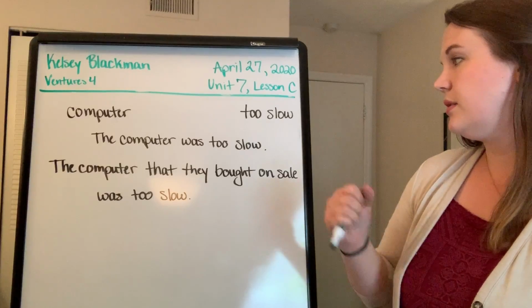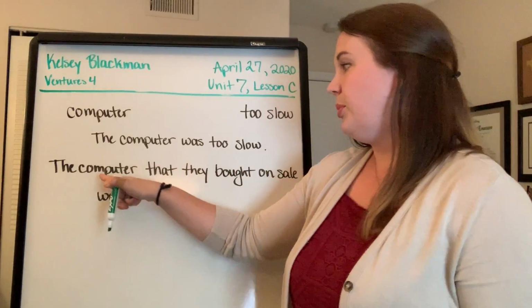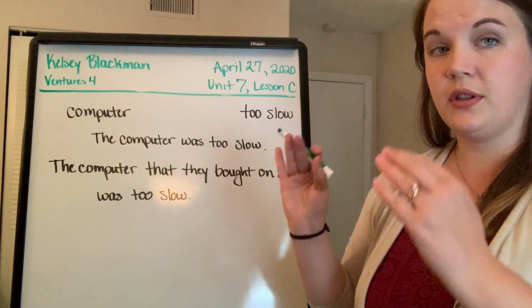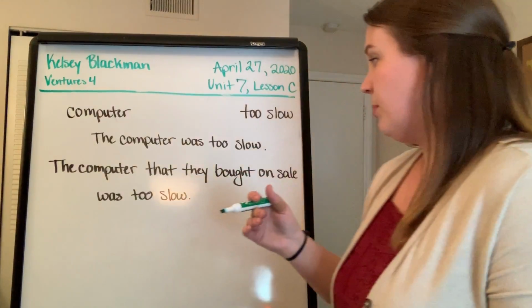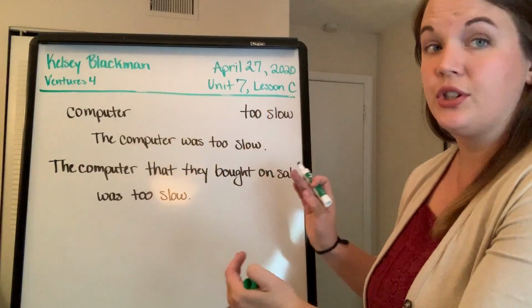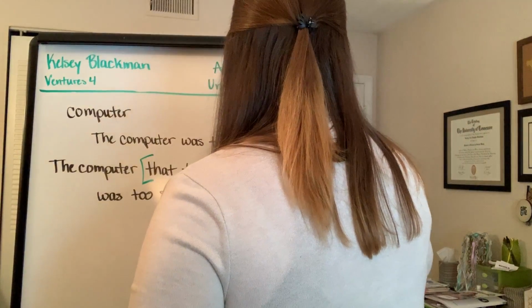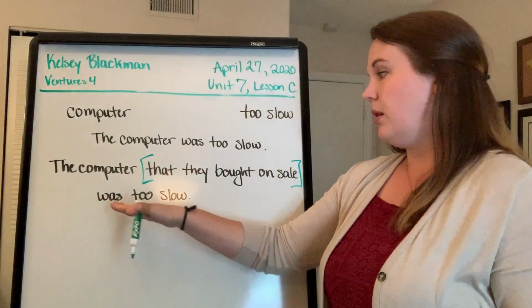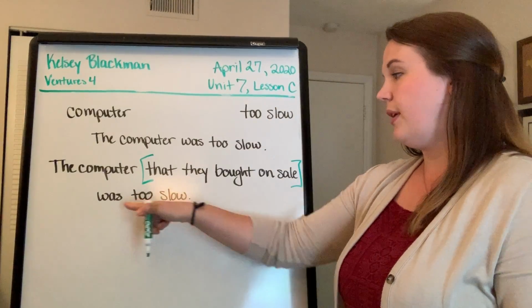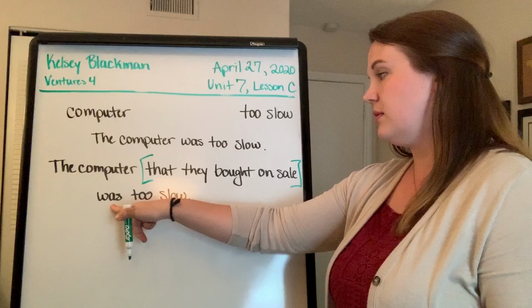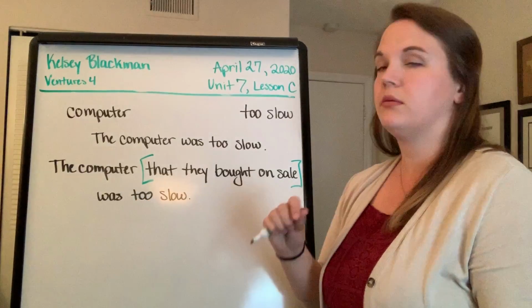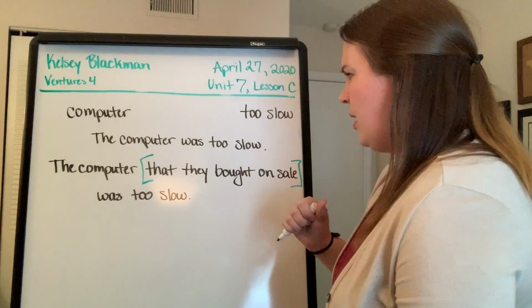So we've got the computer, which is the subject of the sentence, but then we've got the adjective clause that they bought on sale, and then was too slow. That's the verb of the sentence, and that's, I guess, adverb or something.